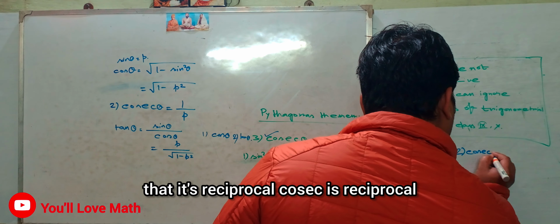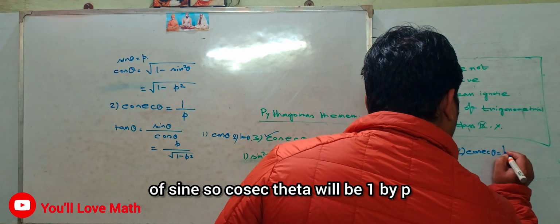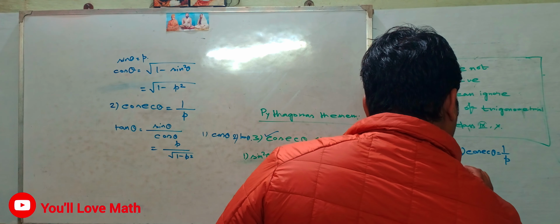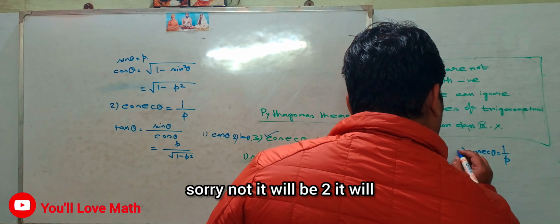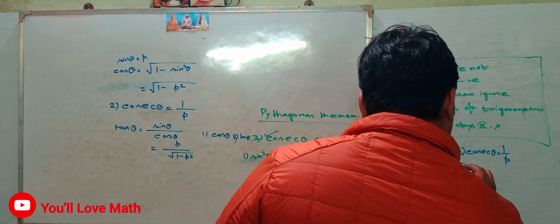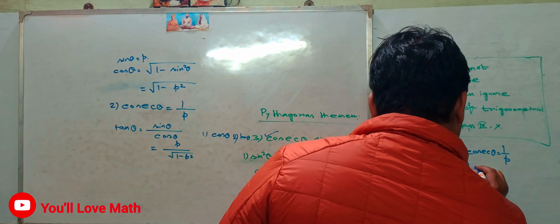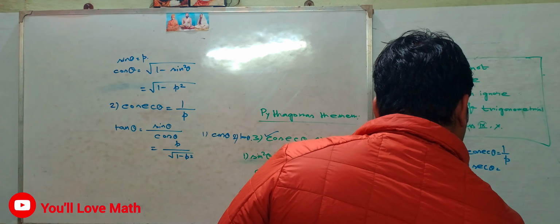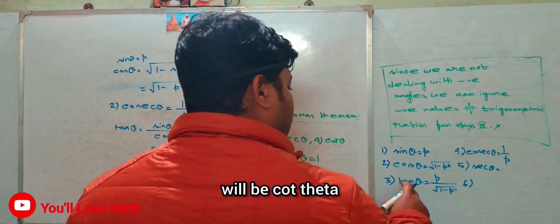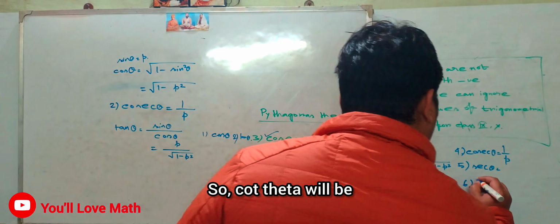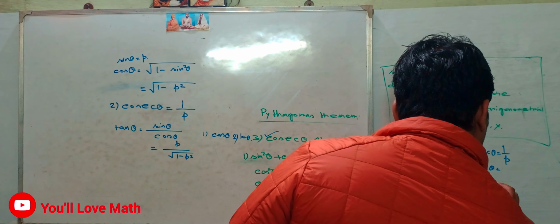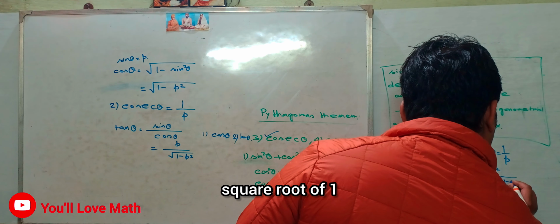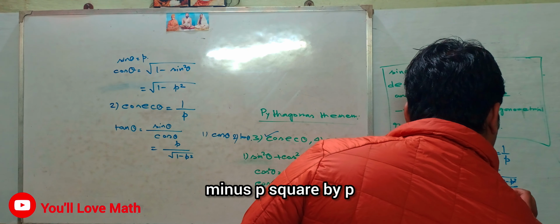Cosec is the reciprocal of sine, so cosec theta will be 1 by p. Sorry, it will be 4. 5, what will be there? Sec theta. Oh, sec theta we have not done yet, and 6 will be cot theta. Cot theta will be the reciprocal of tan, so cot theta will be square root of 1 minus p square by p.